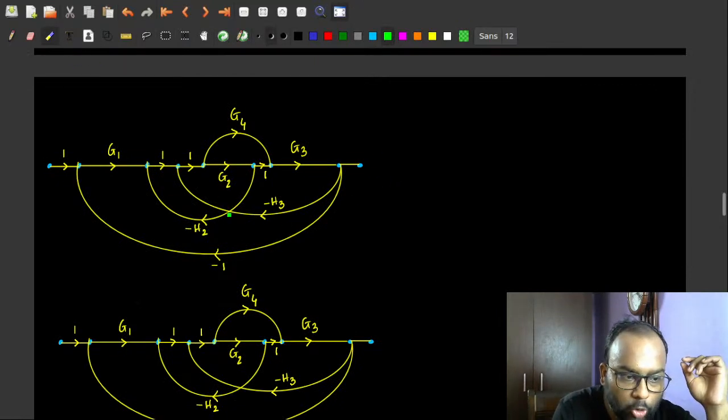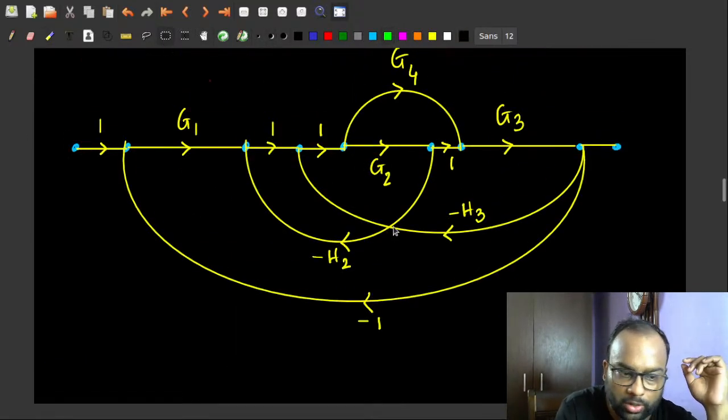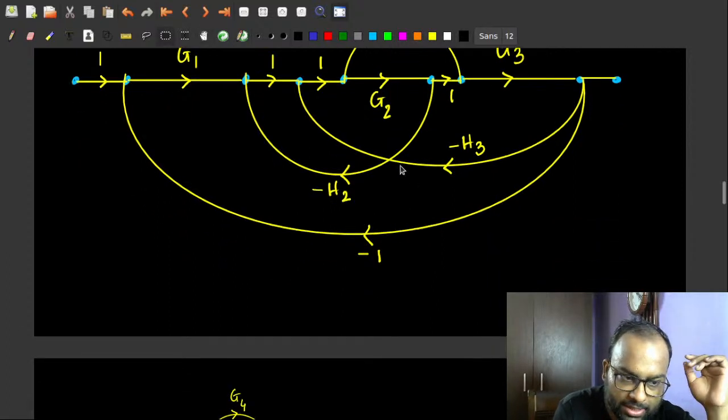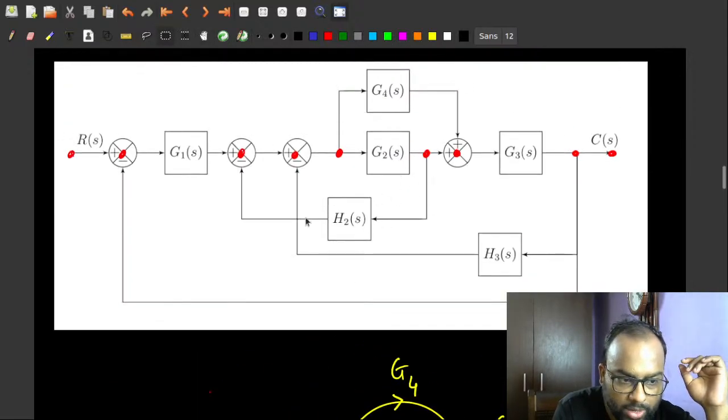The place where the loops intersect, for example here, you see the loops are intersecting, but that's not a node. There is no connection here. It's an overlap, essentially. It's jumping out of that. This is not a connection.